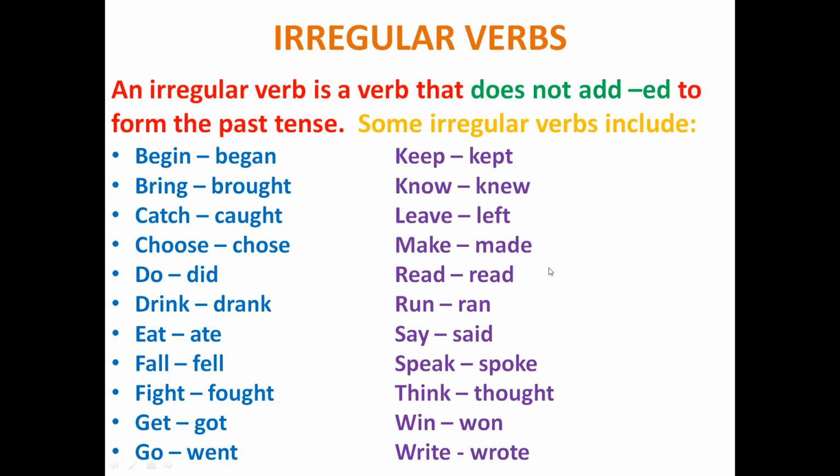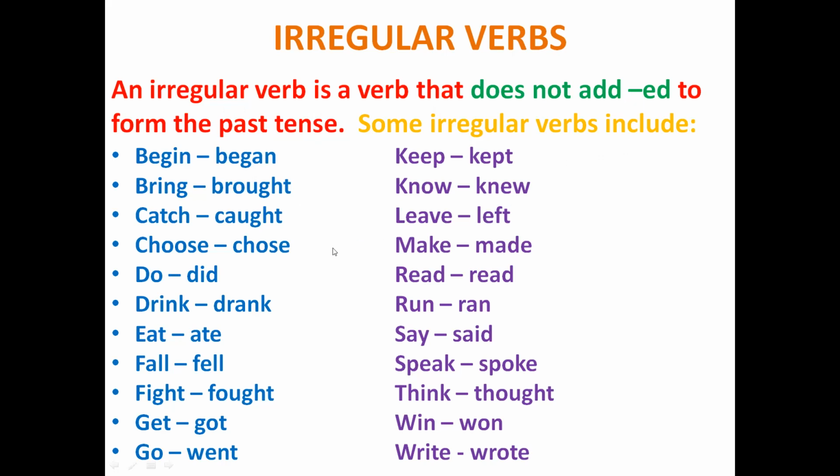We have seen the regular verbs, which often end with ed when they are changed to past tense. If it is an irregular verb, the past tense does not add ed to it. The past tense of an irregular verb does not end with ed, whereas regular verbs often end with ed.